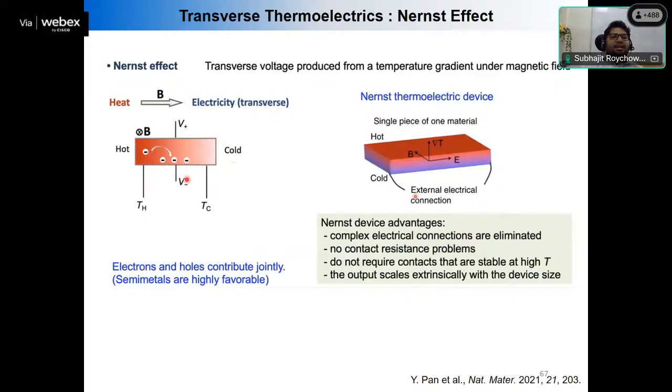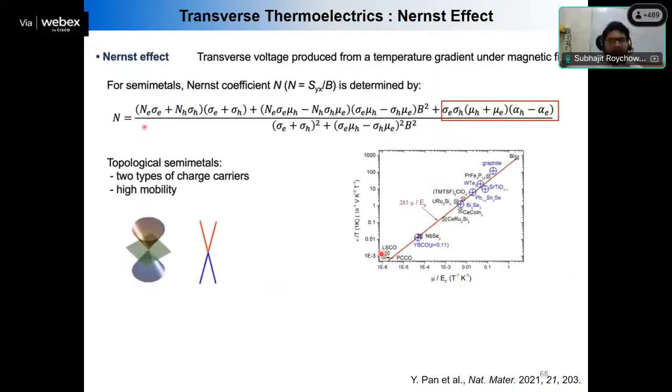And as a result, you are getting a transverse voltage under this temperature gradient. So this is the simple geometry of Nernst, and it has several advantages. You don't need complex electrical connections, you do not need contact resistance, and no need to make p-type as well as n-type material.